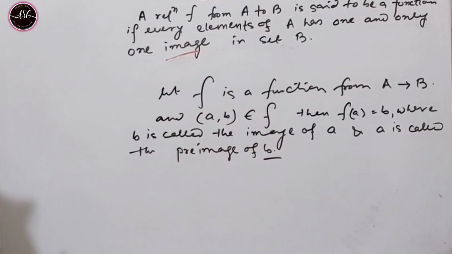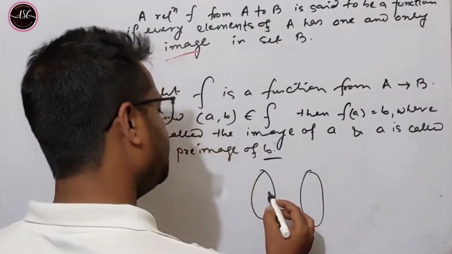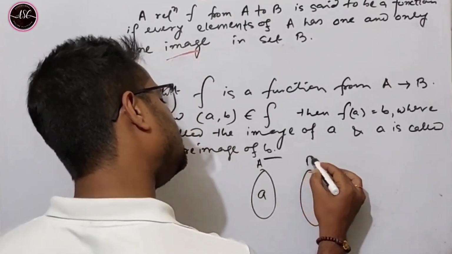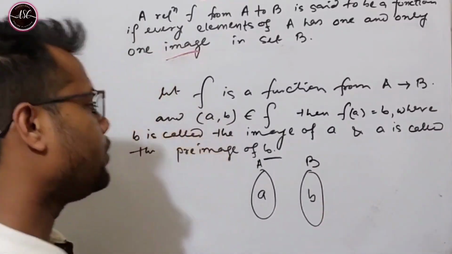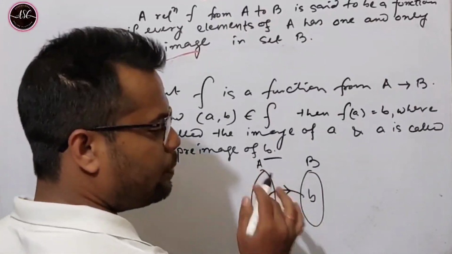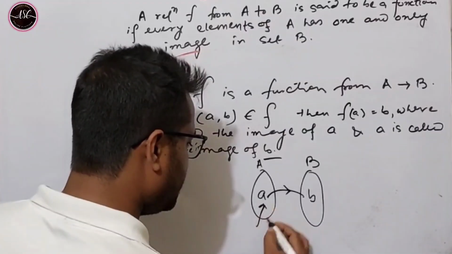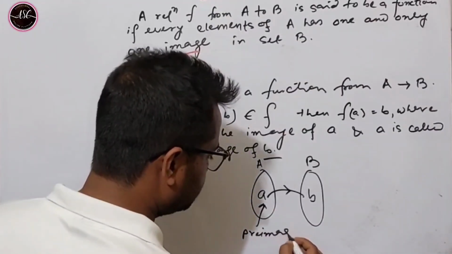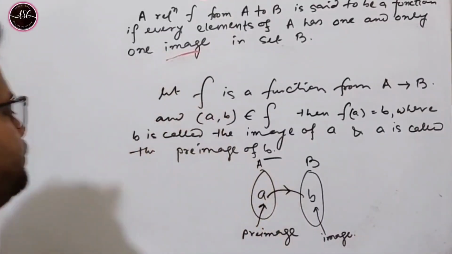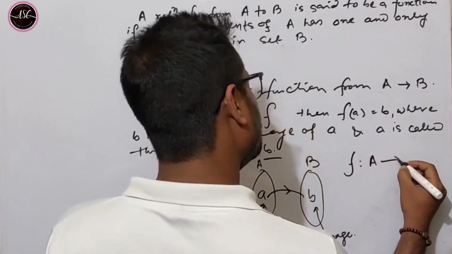Okay, so just look at this diagram. If there is a here, this is the set A, a singleton set, and this is the set B, here b. Okay, so this b is the image of a, and a is the pre-image of b. Okay, clear? This function is denoted by f: A to B.